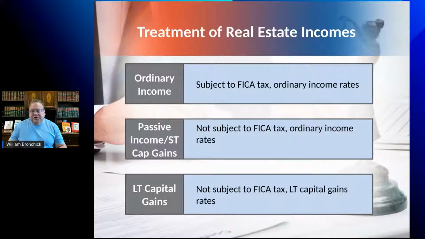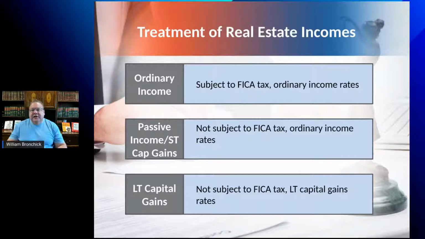But if it is truly a short-term capital gain, such as buying a property, fixing it up, intending to rent it, and then you decided to sell it, or you rented it for 6 months and then sold it, maybe on a lease with option, might be an example of that. And if it's less than a year, then that would be taxed at ordinary rates, but it would not be subject to FICA tax. It would be reported on Schedule D of your personal income tax return.